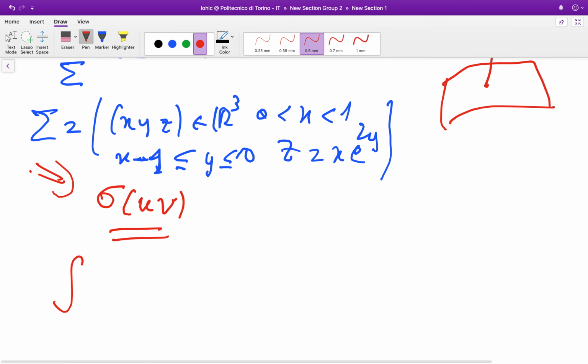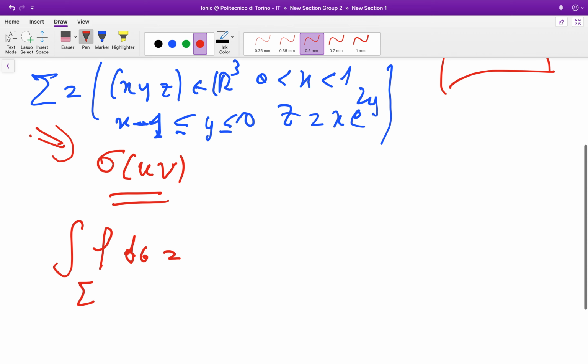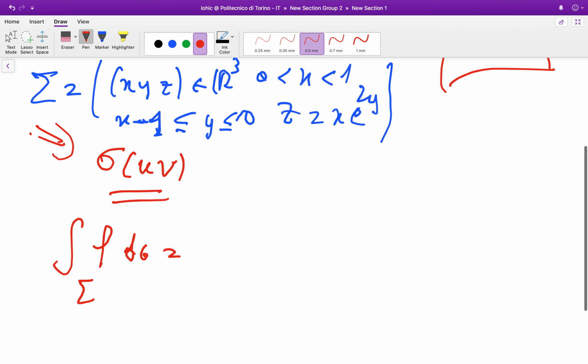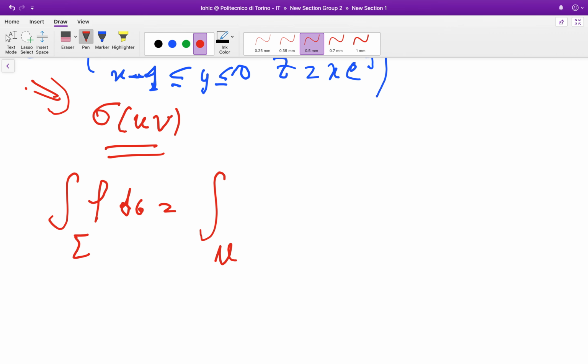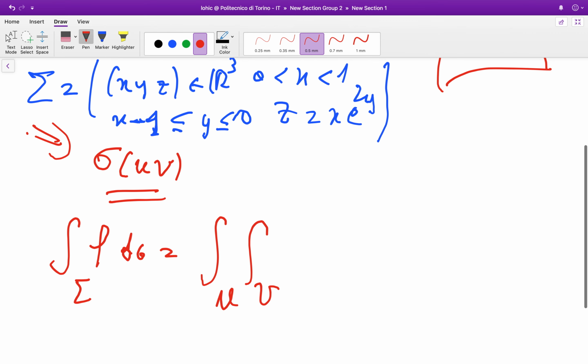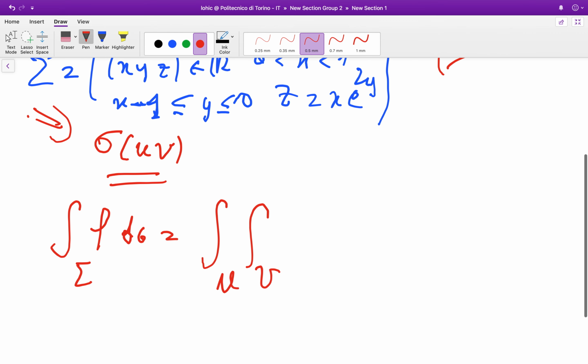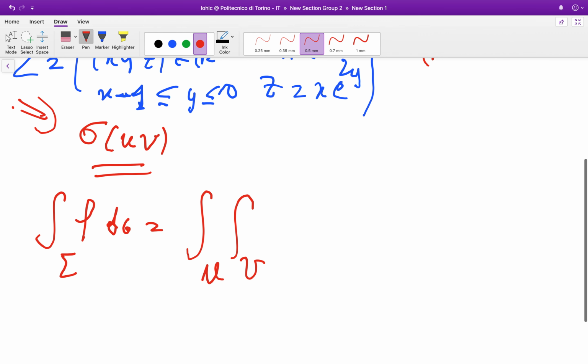When I ask you to find the integral of a function on a surface sigma, what are the steps? Once you represent it, it will be the integral on u, the integral on the first variable of the surface, then the integral on the second variable of the surface.